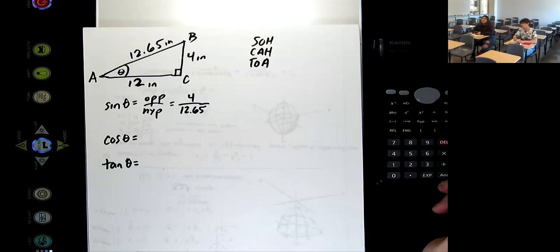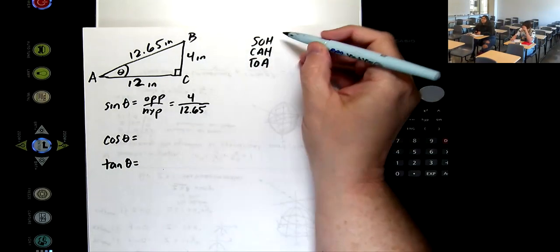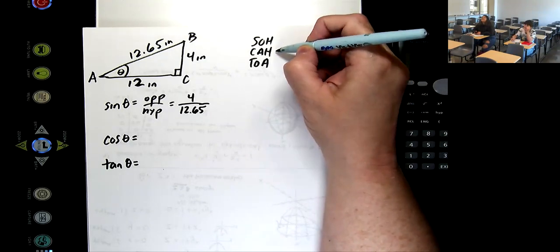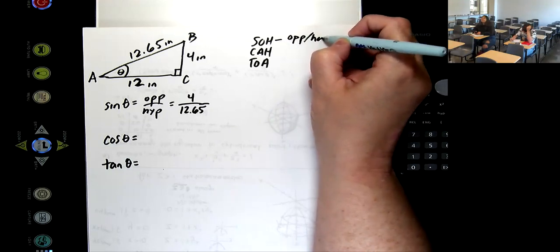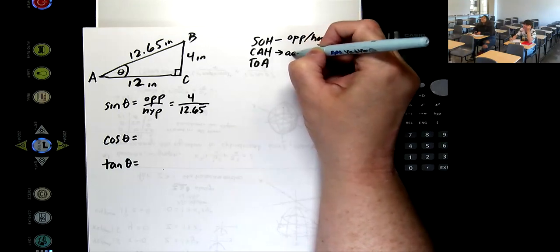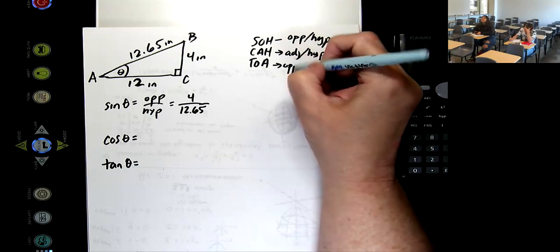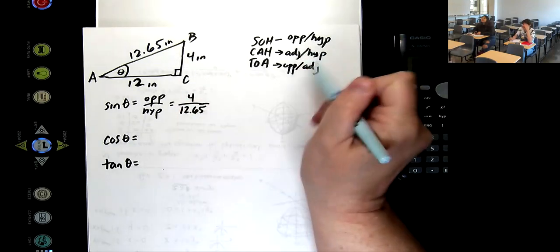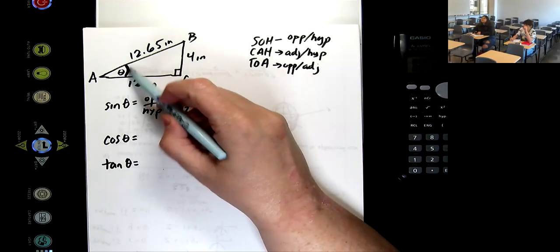Using the triangle, because you weren't here for the first 20 minutes. Sine is opposite over hypotenuse. Cosine is adjacent over hypotenuse. And tangent is opposite over adjacent. We have all of those 3 things, opposite, adjacent, and hypotenuse, from theta's perspective.